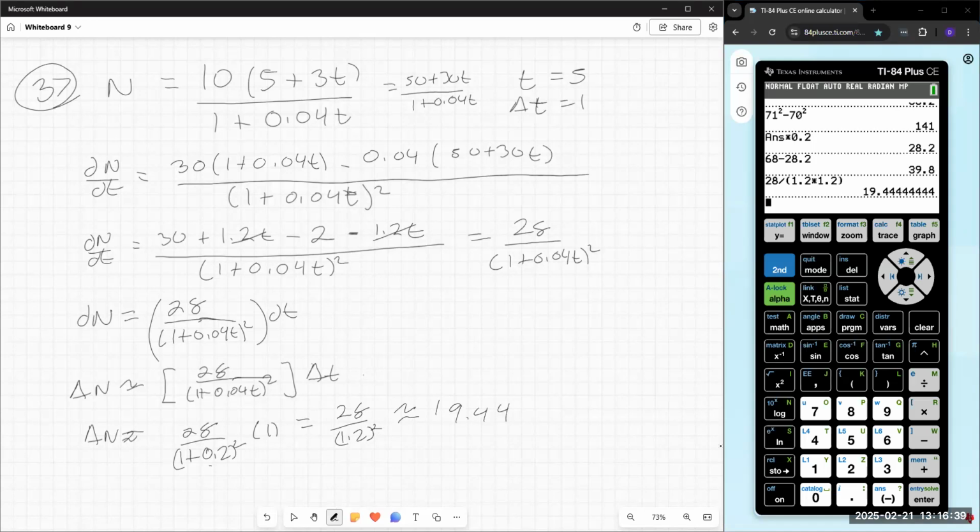And because we're dealing with deer here that have to be in whole numbers, we're going to say that that's going to be about 19.